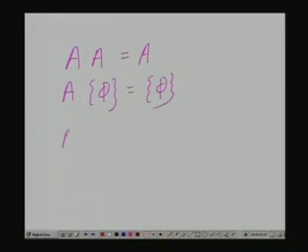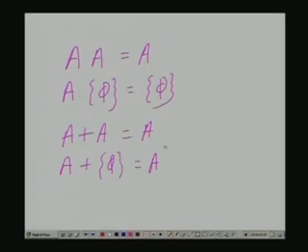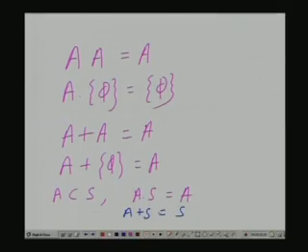A union with phi is A. In general, if A is a subset of S, then A intersection with S will be A itself, and A union S will be S. Okay, very elementary things.